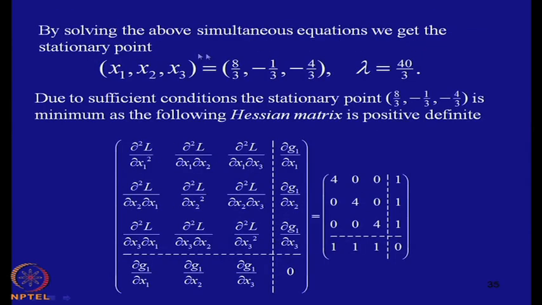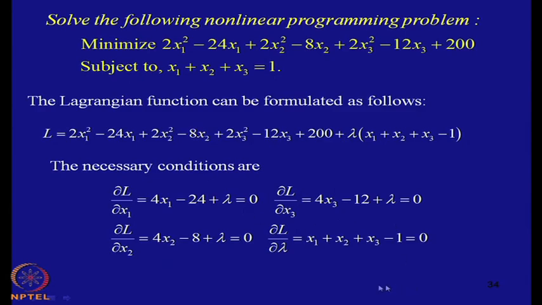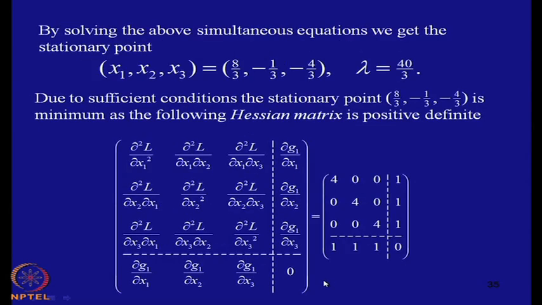From here we are getting the optimal values as 8 by 3, minus 1 by 3, minus 4 by 3, and the corresponding lambda is 40 by 3, because we have 4 equations and 4 unknowns. From here we are getting the optimal value for the given problem.